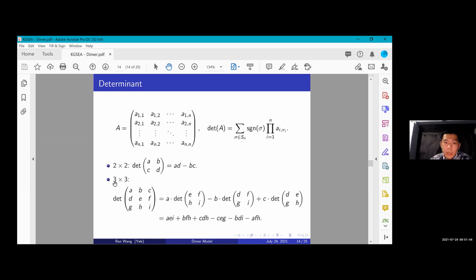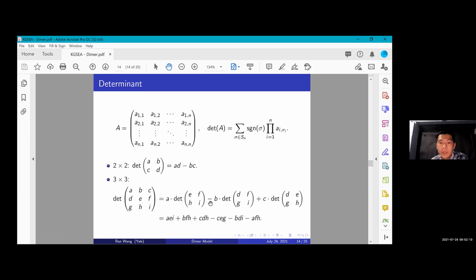Further, for the 3 times 3 case, the determinant is calculated in this way. First of all, we pick the first row, A, B, and C, and then we alternate the signs. For A, we use a plus sign before it. For B, we use minus, and for C, we use plus again.